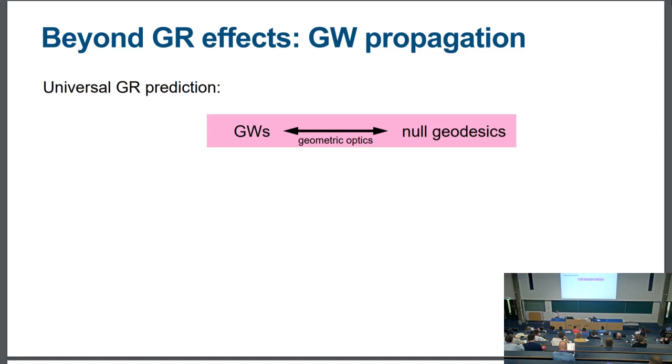It is a well-known prediction that gravitational waves propagate along null geodesics. You can get the linearized equation, and from that compute the dispersion relation, and you find that it equals 0, therefore null.